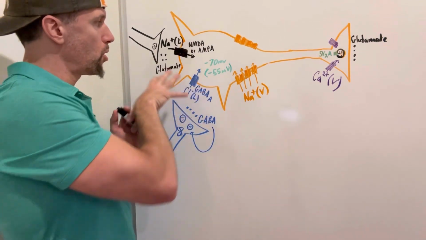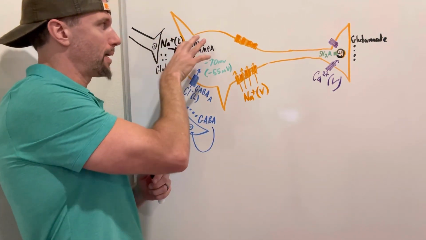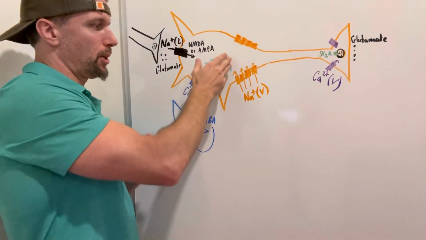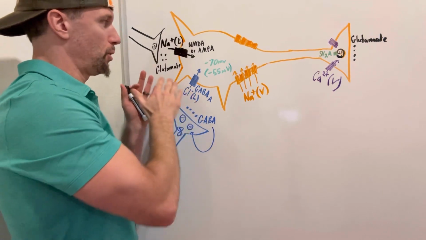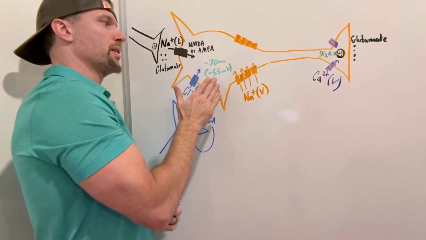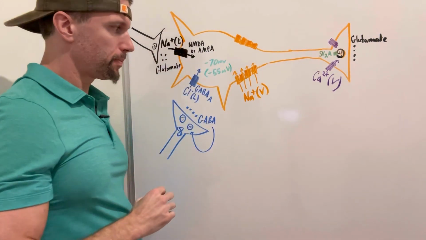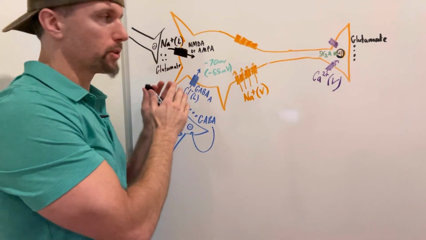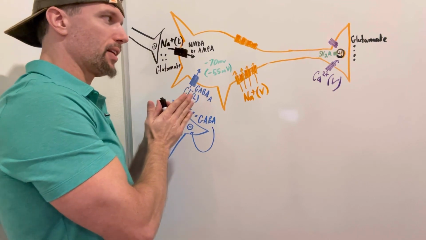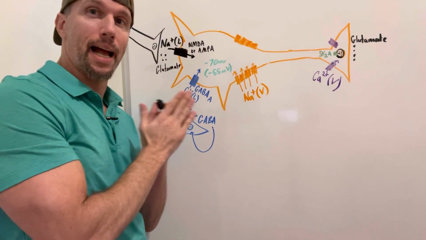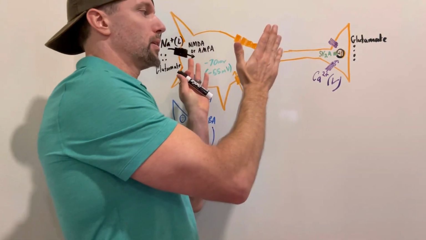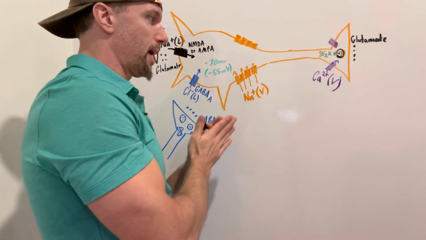But if you have more glutamate binding, so let's say you have 700 glutamates communicating and like 500 GABA, and you finally get to that point where -70 makes it up to -55, then it goes from these ligand channels to the voltage channels. Once it gets to -55, the action potential is going to happen. These voltage-gated sodium channels are going to blast open and sodium is going to go in due to that voltage change.